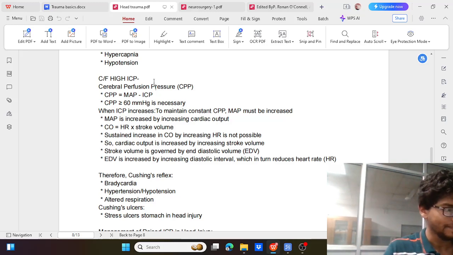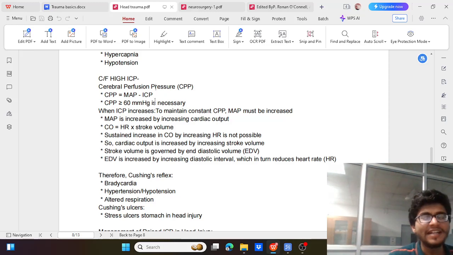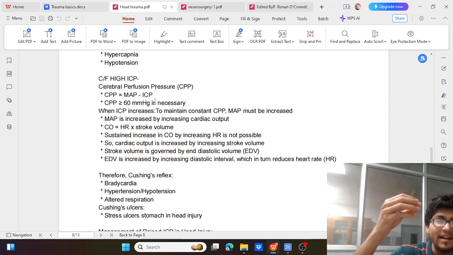Now we'll be seeing about cerebral perfusion pressure. So what is cerebral perfusion pressure? It is mean arterial pressure, the blood pressure, minus the intracranial pressure.